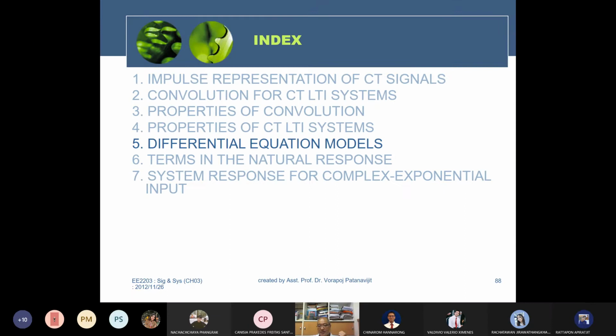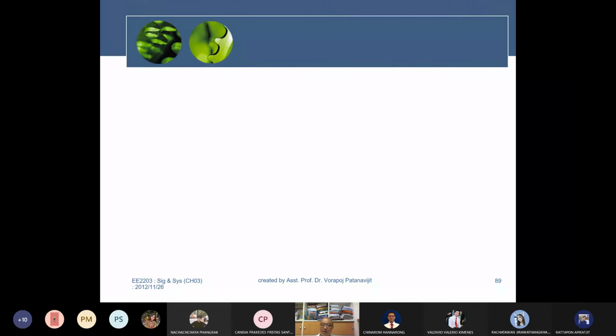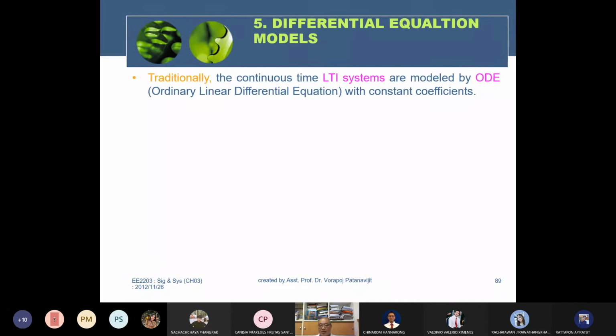Okay, next one. The equation that we frequently use in engineering or physics models is the differential equation model. The differential equation is very important. Traditionally, a continuous time LTI system is modeled by the ODE, the ordinary linear differential equation with constant coefficients.